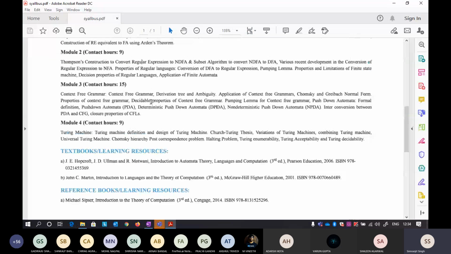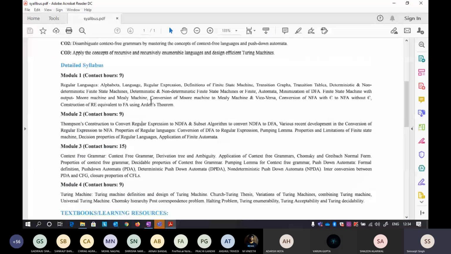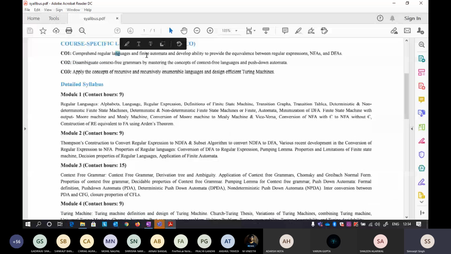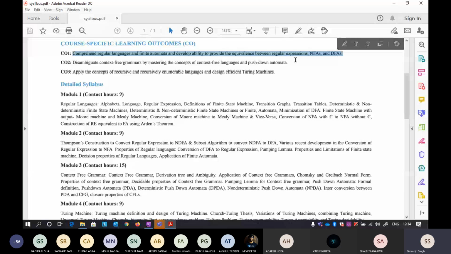Okay, if you look at your first course learning objective, it says that you comprehend regular languages, finite automata, and develop the ability to provide equivalence between regular expressions, NFAs and DFAs. I think we have covered our first course learning objective pretty efficiently, because we have devoted much of our time towards finite automata.